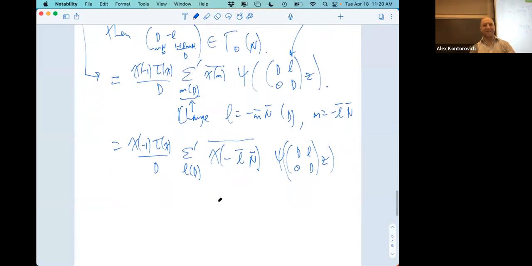We're almost there. Here's why I like to have that chi of -1 in front. Boom, boom. So what do we get? I get a chi of N bar bar, that's a chi of N, a tau of chi over D, tau of chi over D, a sum over L of D coprime, and a chi of N, no bar.